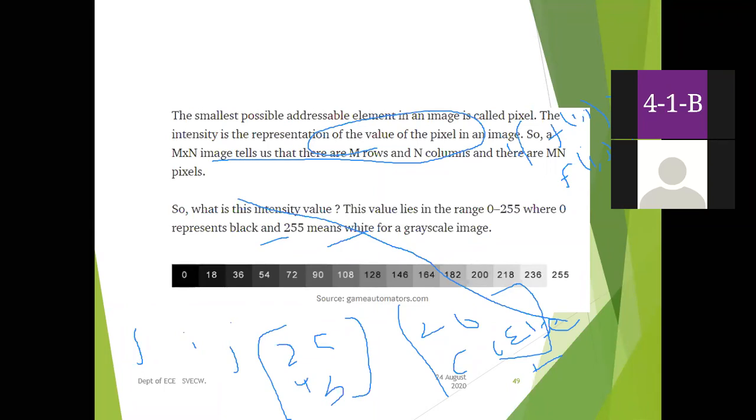You can understand the meaning of intensity and gray colors from this picture. All these we are collecting from different internet sources. This picture also we have taken from a source, and it is noted down at the source point.